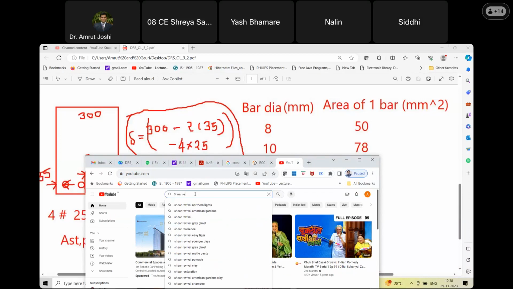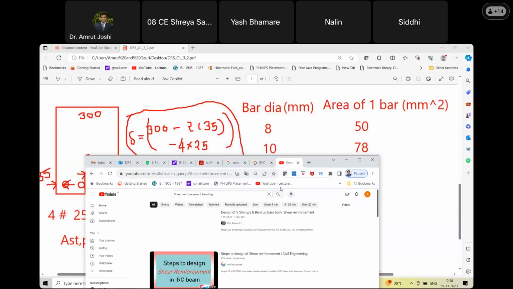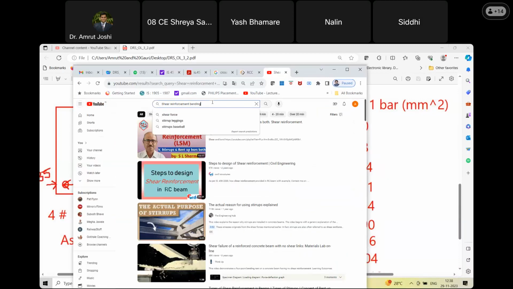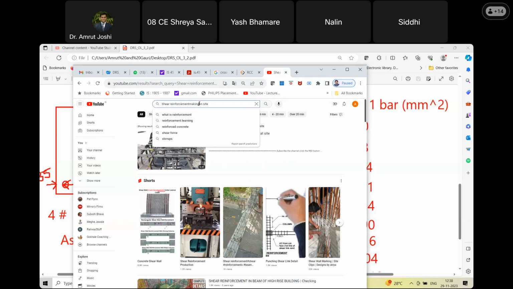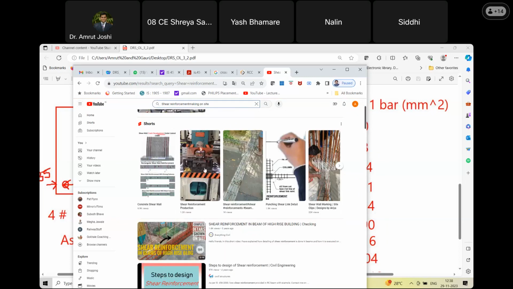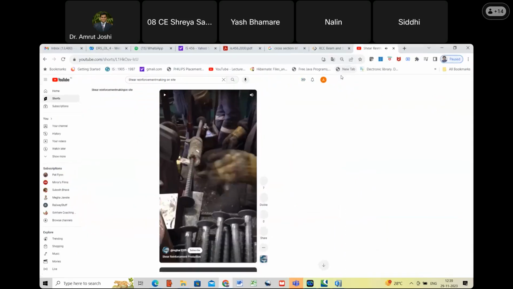Shear reinforcement bending, or let us say making on site. So look at this video.